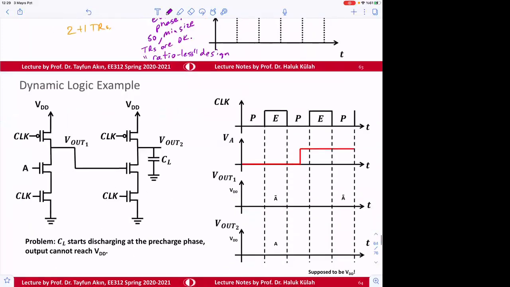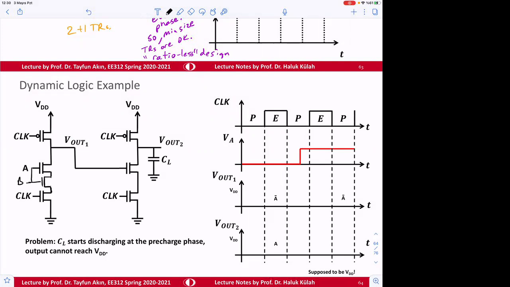So the problem here occurs if you connect these circuits next to each other. Let's say I put one more transistor here, okay? Just to make the case more legitimate. Okay, so let's say they are connected to each other.